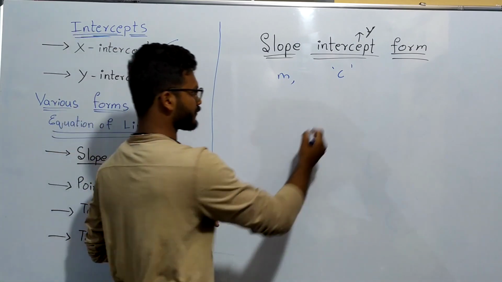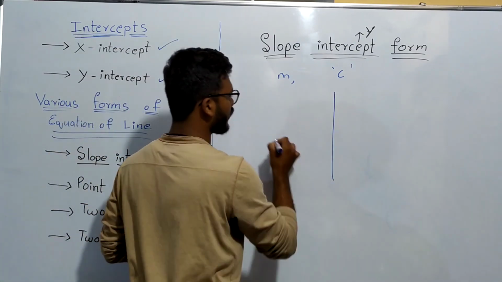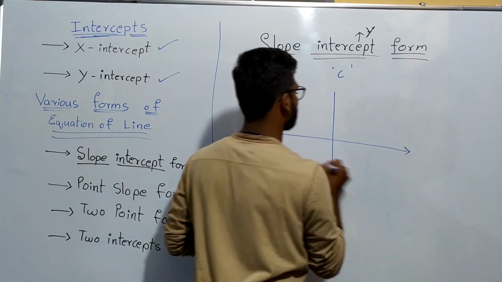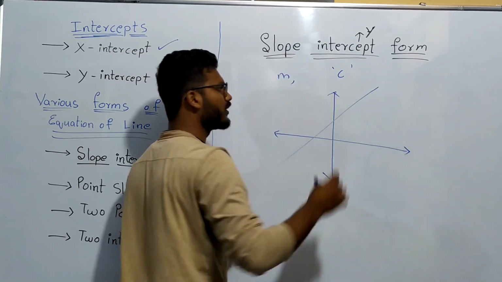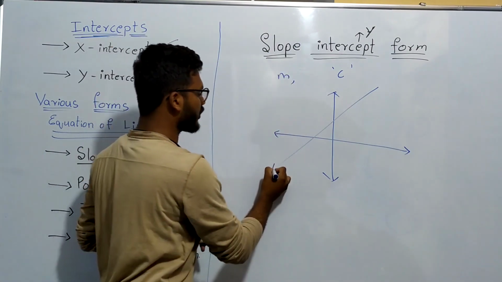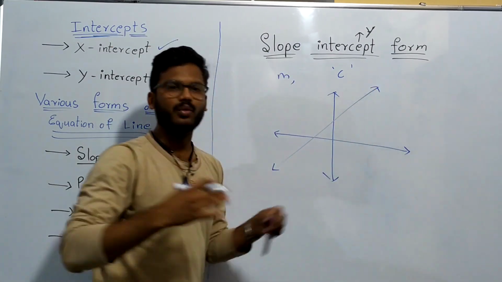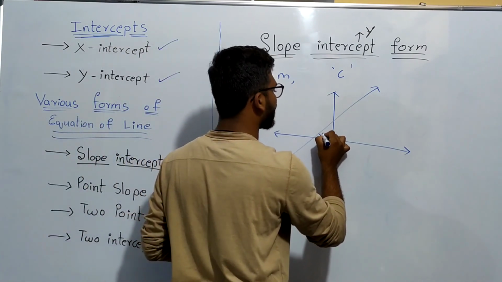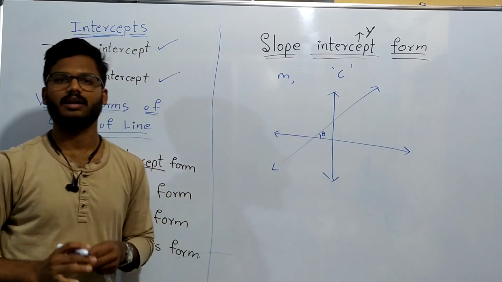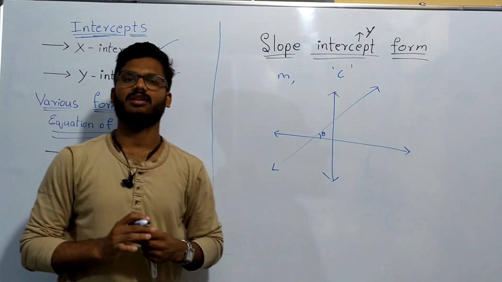Let us see. I am taking this line like this. Suppose the required line is like this, and here it makes an angle theta, the inclination. Now I want to find the equation of this line.